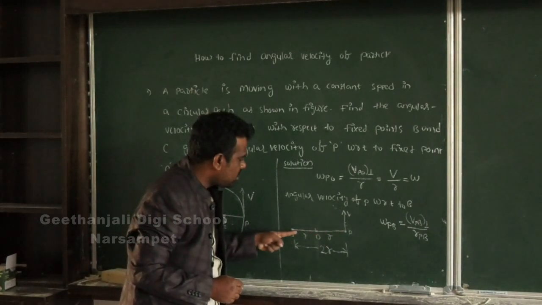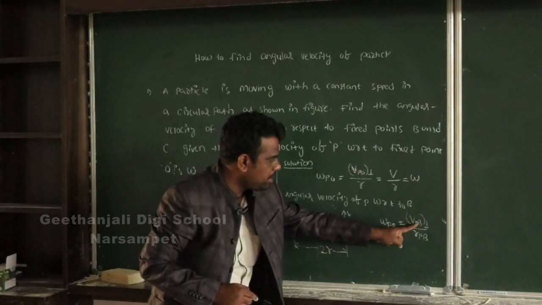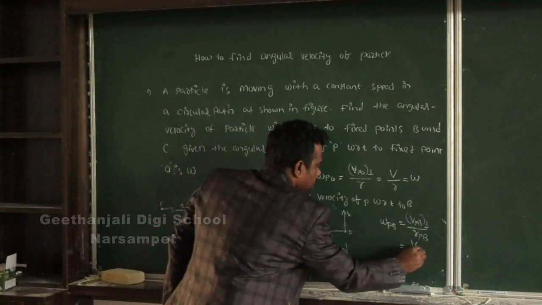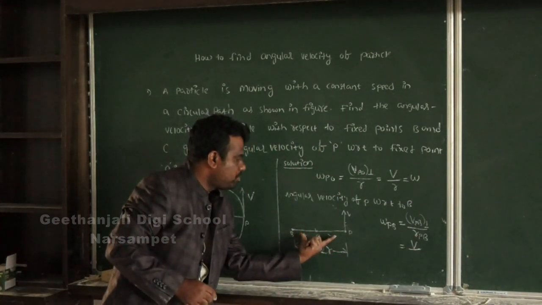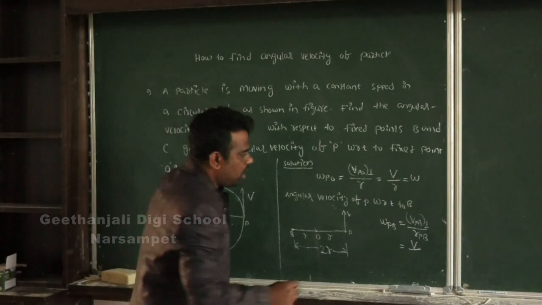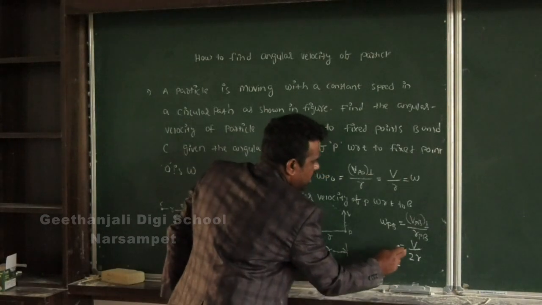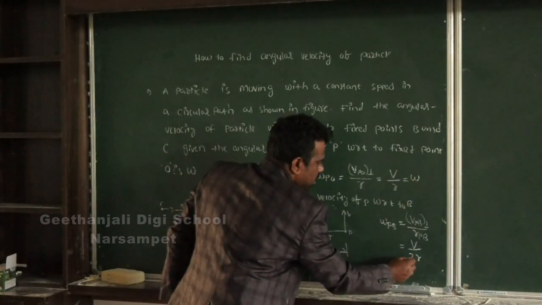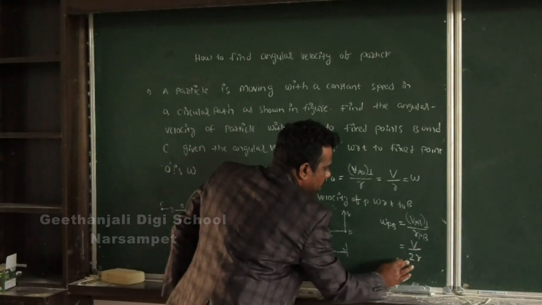This is the position vector, this is perpendicular to the position vector, this is the V_PB perpendicular. So I can write this as V by R_PB, the magnitude of the position vector, which equals 2R. We know already V by R is equal to omega. So V by 2R, so you can write omega by 2.